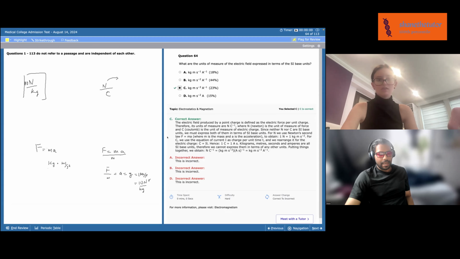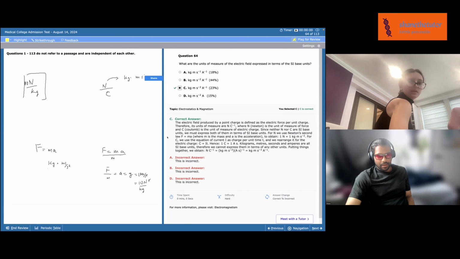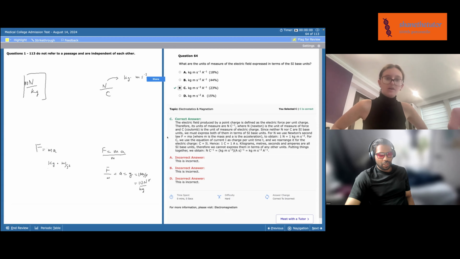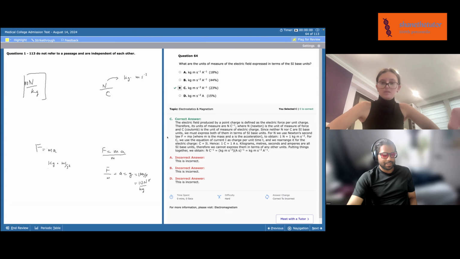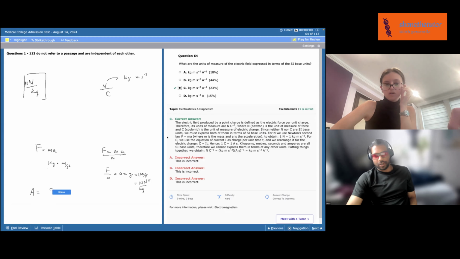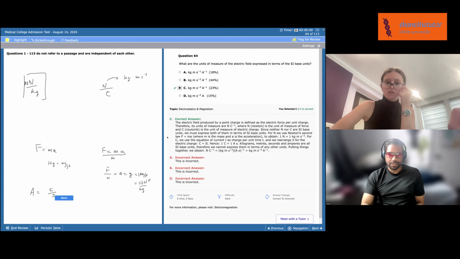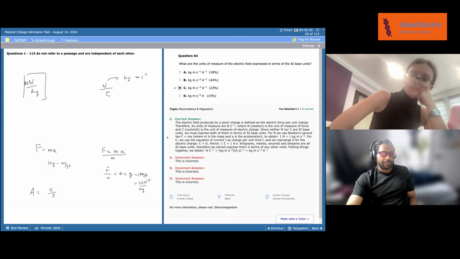Yep. Now we know that this could be that, but now coulombs to amps. An amp, which is a measure of current, is equal to coulombs per second, because it's the rate of charge.